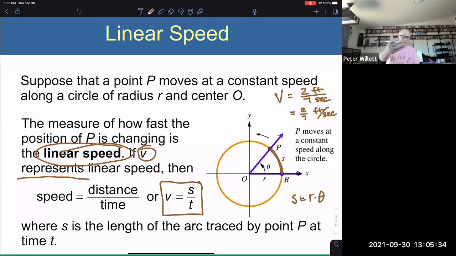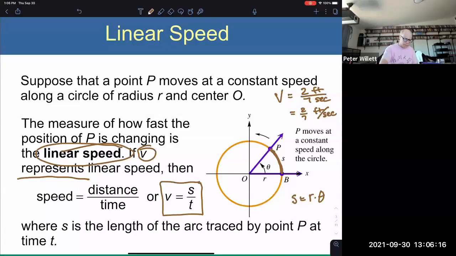Miles being the measurement of how far you've gone, hours being the measure of how much time it took you to go that far. But you might have feet per second or kilometers per hour or other measurements of distance and time. You just make this fraction, and then that gives you your velocity or your speed, and in this case, that's the linear speed.